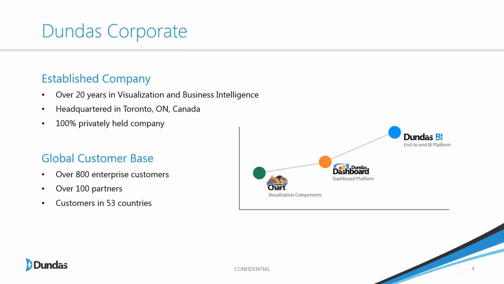Now, with different needs of different users in mind, we have both our Dashboard 5.0 in the market and our Dundas BI in the market, and both will continue to provide reporting and analytics and intelligence tools in the marketplace. We are based in Toronto, Canada, and our customers operate globally. And with that, we have deep experience working with not only the customers directly, but with local partners across a variety of industries.